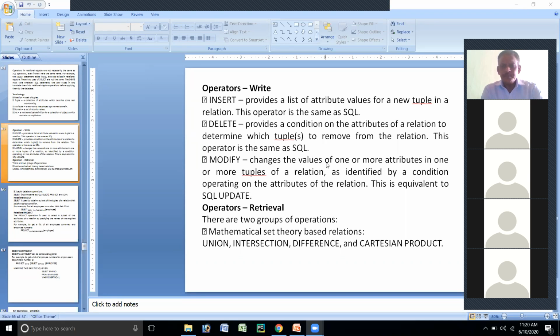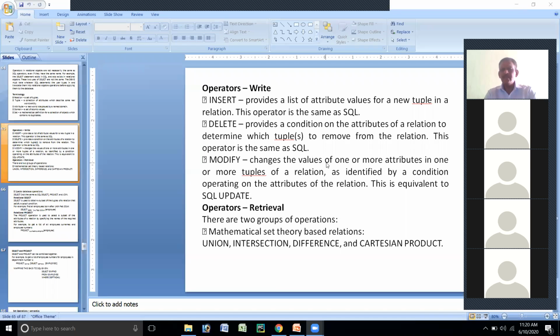Then next, second operator, delete. This provides a condition on the attributes of a relation to determine which tuple to remove from the relation. This operator is the same as SQL. In relational algebra as well as in SQL, this performs the same operation.